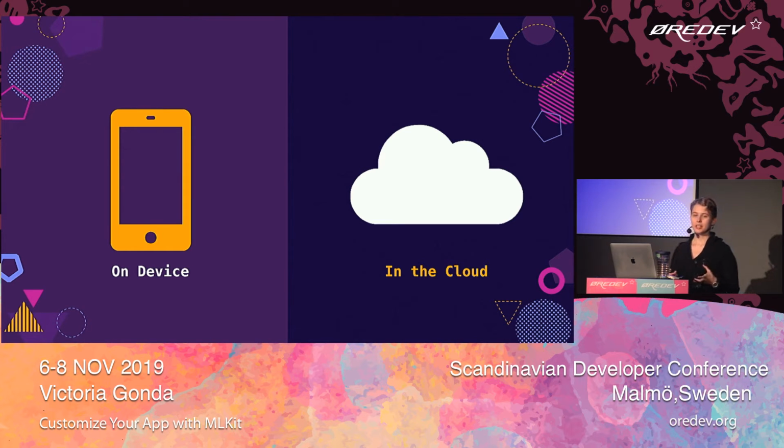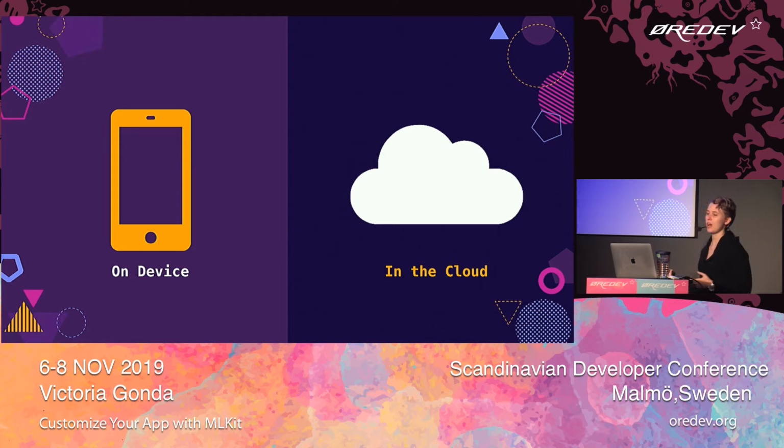Because it is on device, you probably want a smaller than usual model because on IoT or mobile devices, you don't have as much space. So with a smaller model, it might be a little bit less accurate. And while machine learning models do take up a lot of space, the MLKit models tend to be quite small and relatively optimized, so you have to worry about that a lot less.